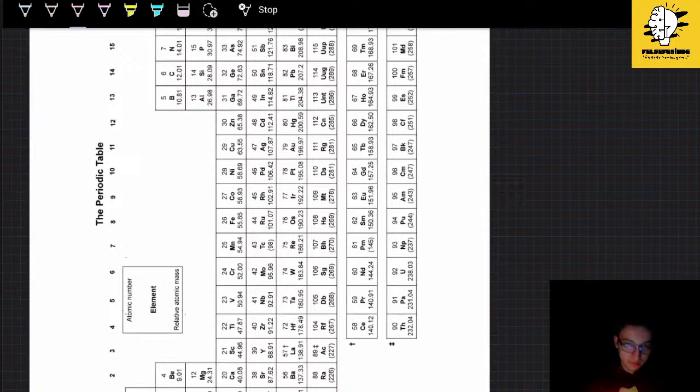Okay. So, guys, it's saying lanthanide. As you can see, we have two little periods here, one is like this, and one is this.